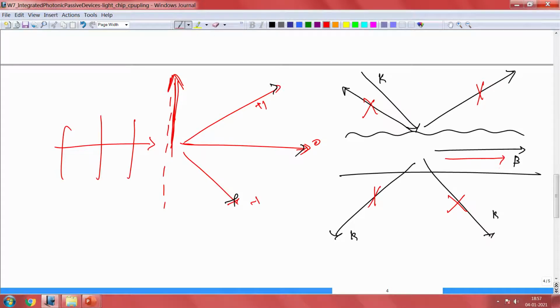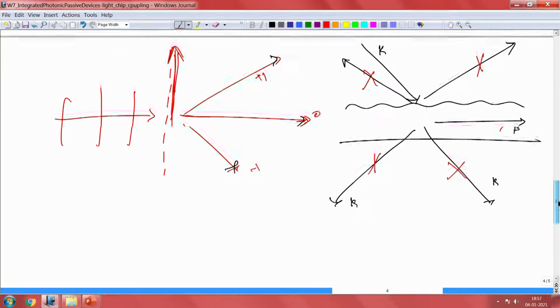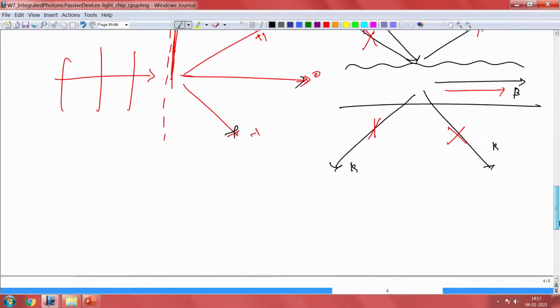How do we achieve this? This is where we need to look at the phase matching condition. The grating phase matching condition is something that we have looked at earlier as well, but let us recap it. Here the phase matching condition is nothing but beta should be equal to k_i plus q times K. Q is nothing but your order.